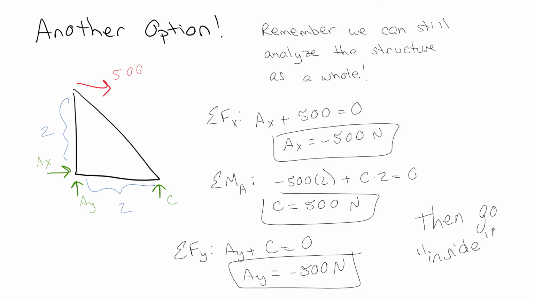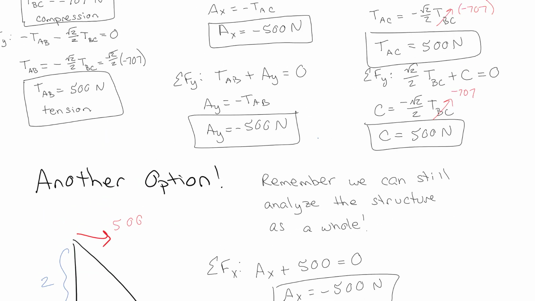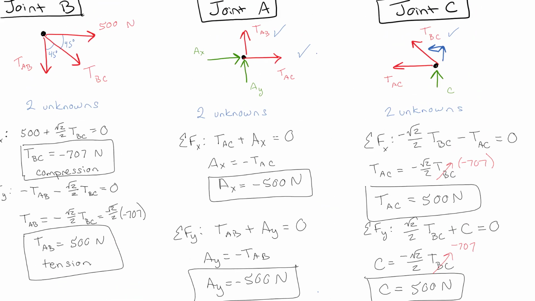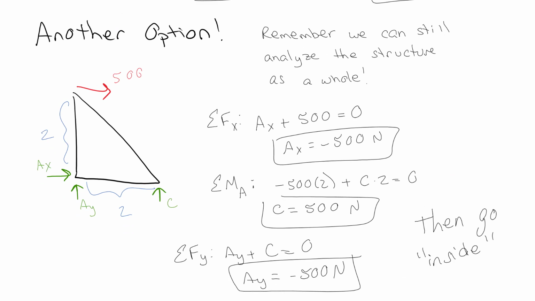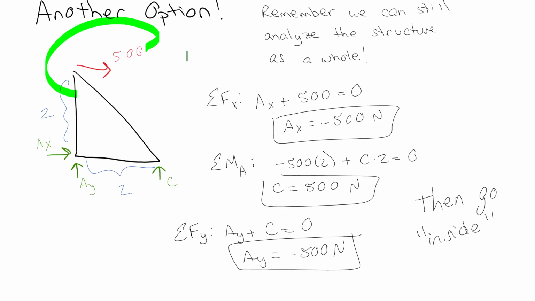So if you already knew A and C, the two A forces and the C force, you actually could have gone straight to here and solved that one and gotten TAB and TAC a little bit more quickly, maybe because you had the 2 green arrows, so you could find the 2 red arrows. So if you're in a time crunch, maybe that would be a little bit faster. It just kind of depends on whether or not you can easily solve for these.